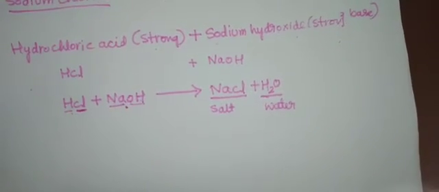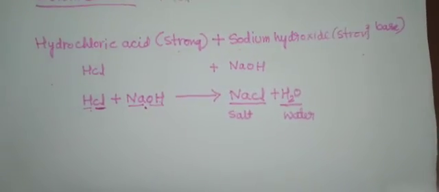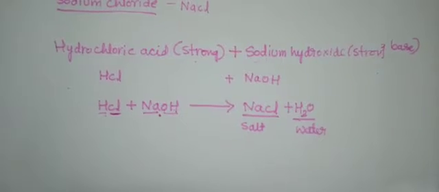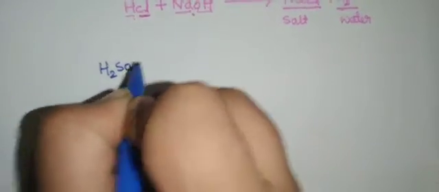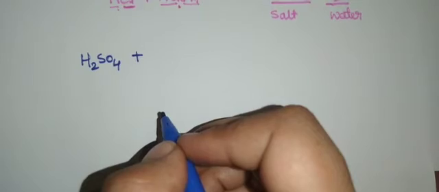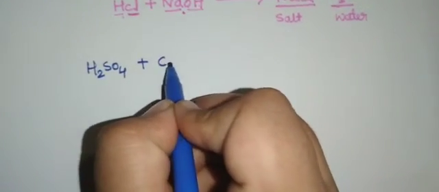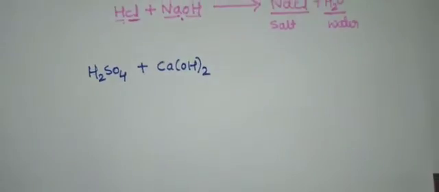Now guess the salt you will get when sulfuric acid is added to lime water. Here they have given what happens when sulfuric acid reacts with lime water. Lime water is calcium hydroxide, Ca(OH)2.